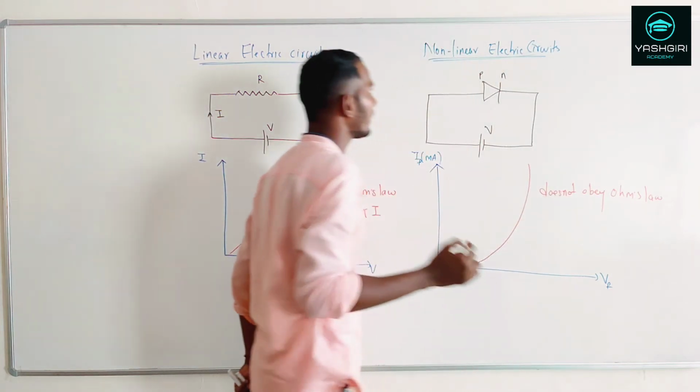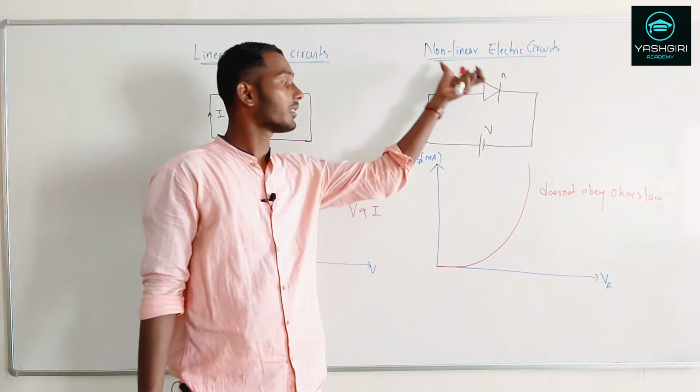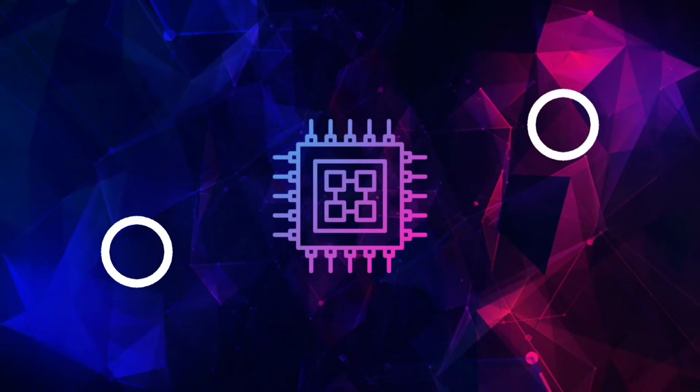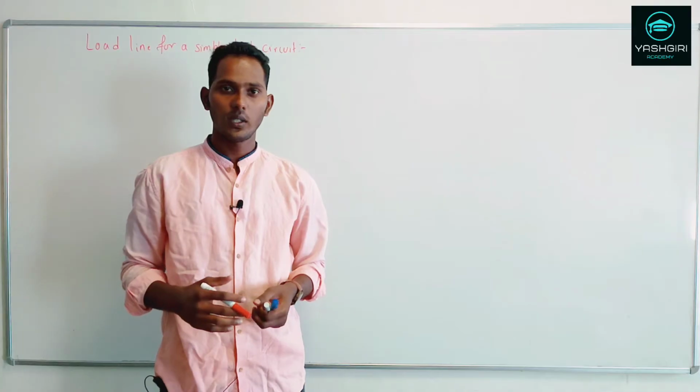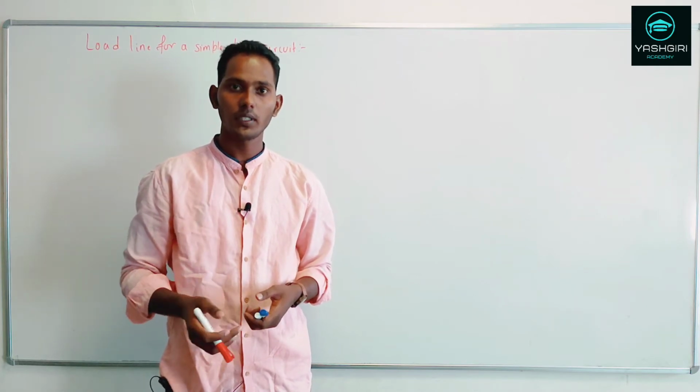So that is the basic difference between linear electric circuits and non-linear electric circuits. Now let's try to understand the DC load line for a simple diode circuit.